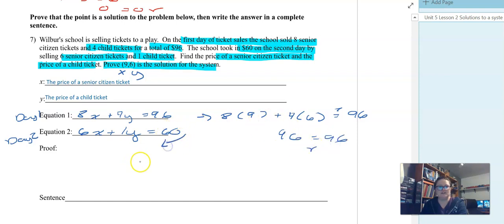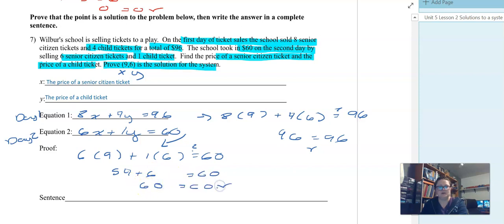The second equation, I'm going to do 6 times 9 plus 1 times 6. Is that 60? Well, 6 times 9 is 54, plus 6 is 60.